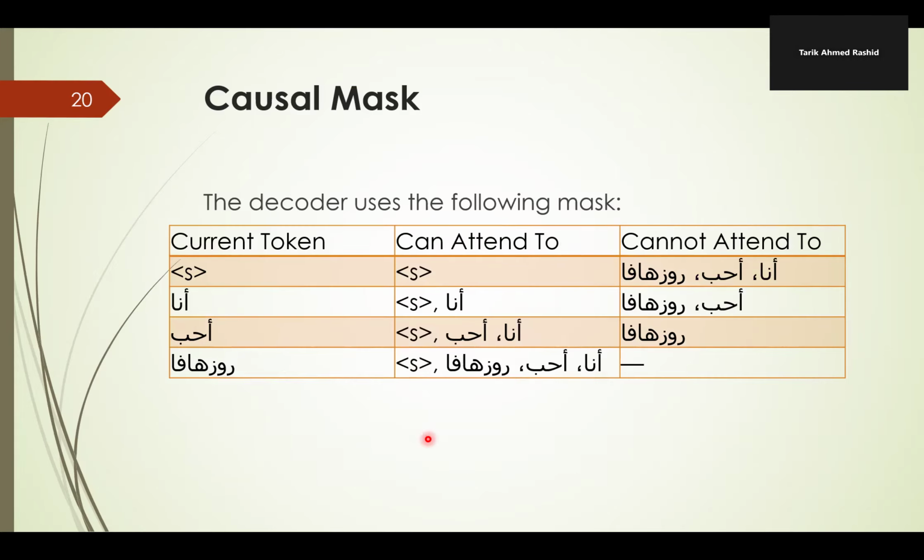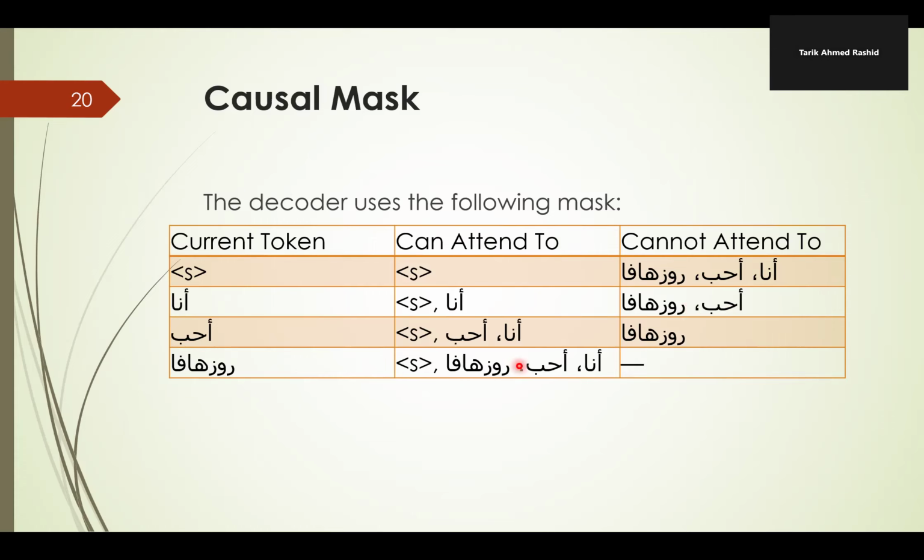Okay. Now, what is the causal mask? Causal mask means the current token can only attend to itself, but cannot see the whole sentence أنا أحب Rojava. If we are at Ana, Ana can attend to itself and to its previous token, but cannot see Ahab and Rojava.